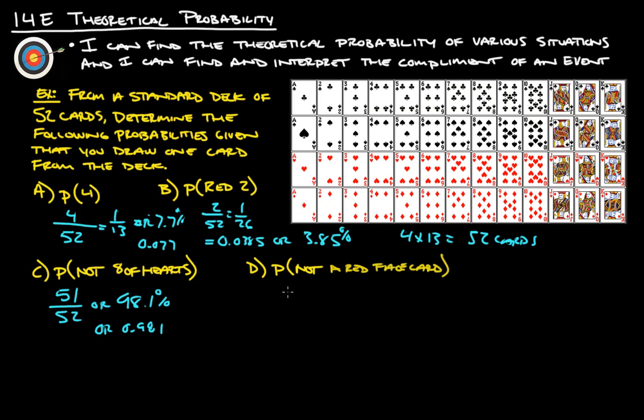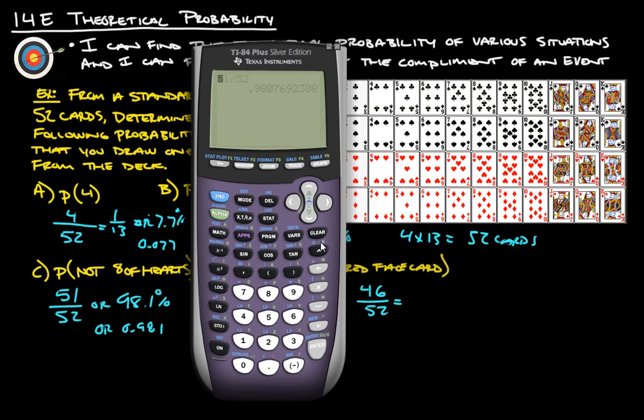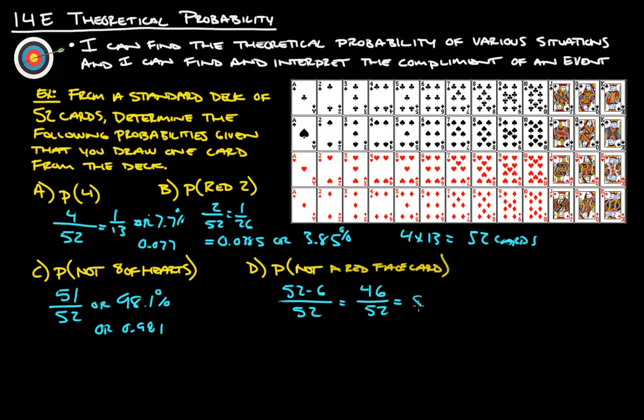Let's do 52 minus 6 all over 52, because there's 6 of them that are red face cards, so that's going to give us 46 out of 52. 46 divided by 52 gives us 88.5%.